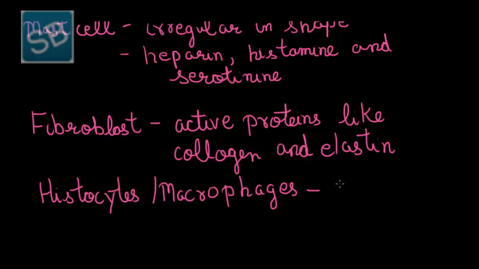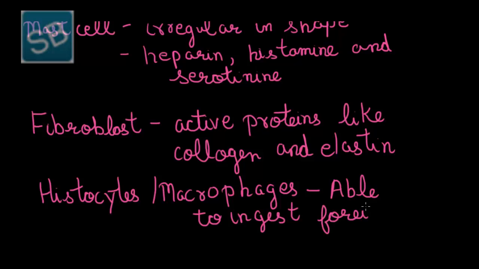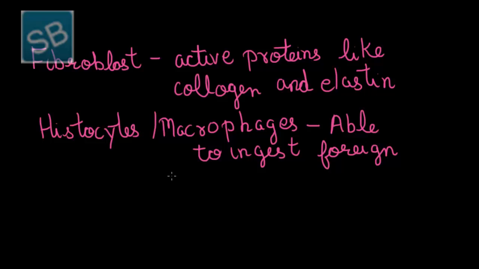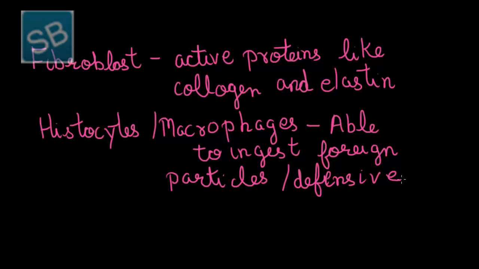These type of cells are phagocytic in nature, that is, they are able to ingest foreign particles and thereby act defensive in nature, and therefore they are known as macrophages.